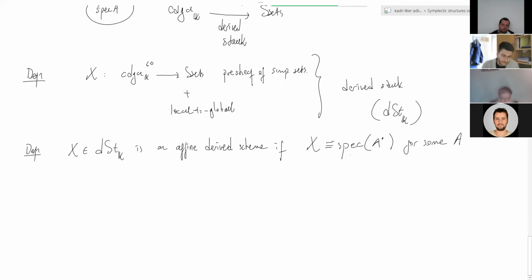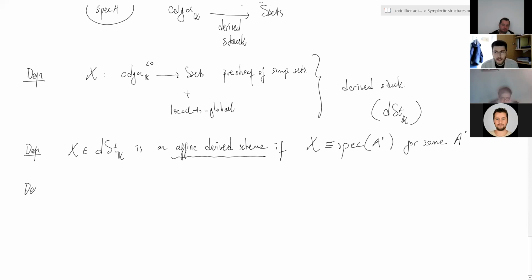But of course, what is spec? The only thing I may explain is that there exists a well-defined spectrum functor in this derived setup as well. So therefore we can really define an affine derived scheme like this.